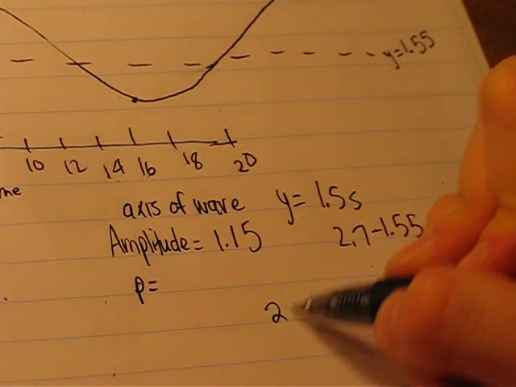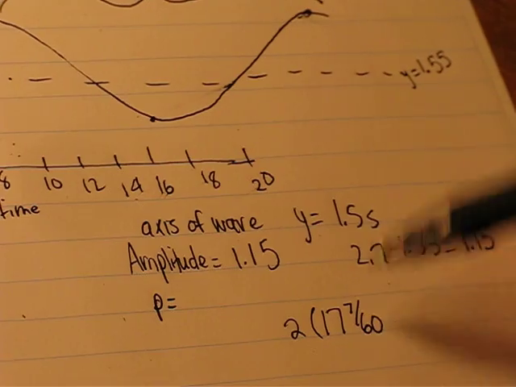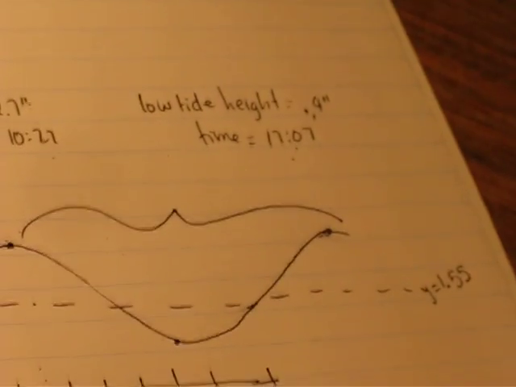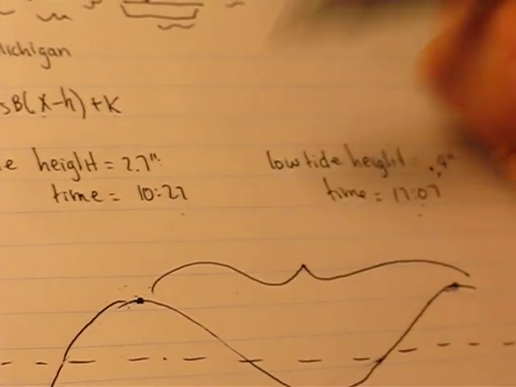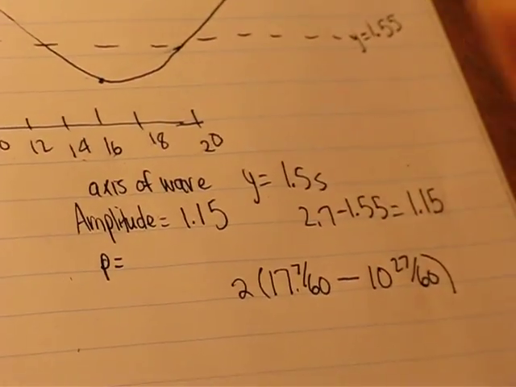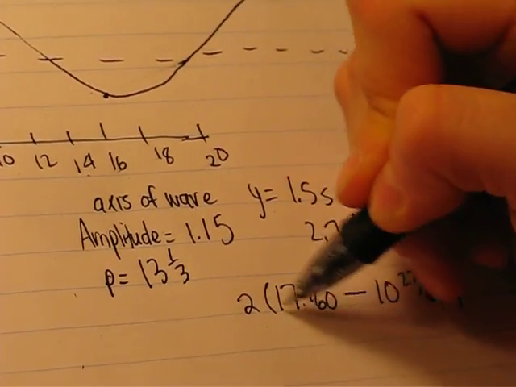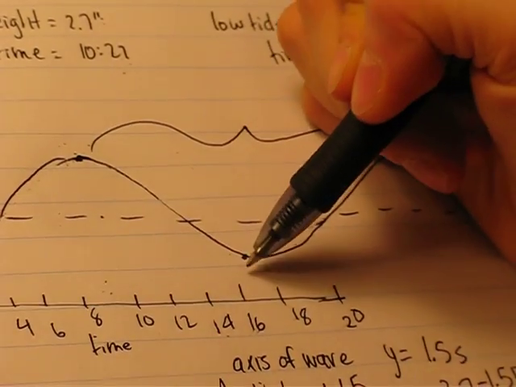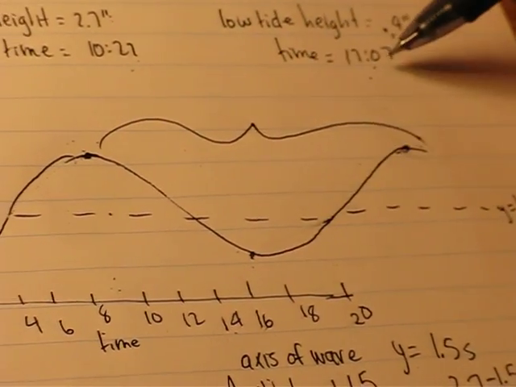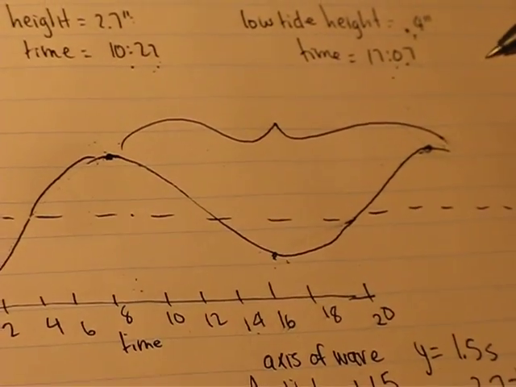That would be 2 times 17 and 7/60, which is the same thing as 17.07, minus 10 and 27/60, which is the same thing as 10:27, and that will give us 13 and 1/3. We times this value by 2 because we want one complete cycle, and if we were to just subtract 17.07 by 10:27, that would give us half of the period.